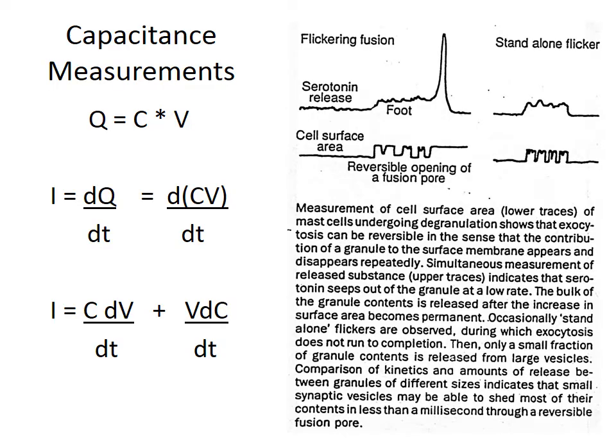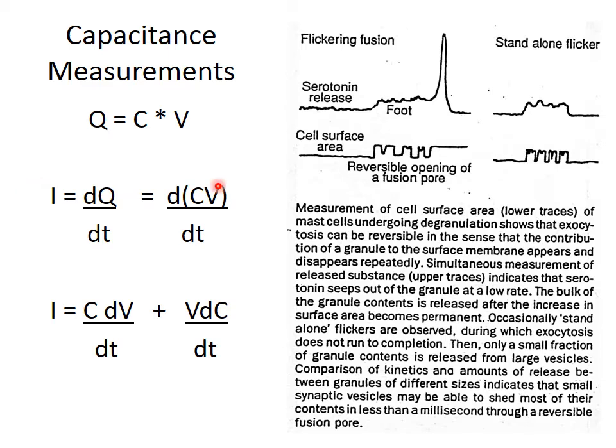All right, so what about the capacitance measurements? Charge is actually equal to a voltage applied to a capacitance. In other words, we're getting applied voltage to a capacitance and it builds up charge. If we look at how that charge varies over time, we can get a quantity we call current.